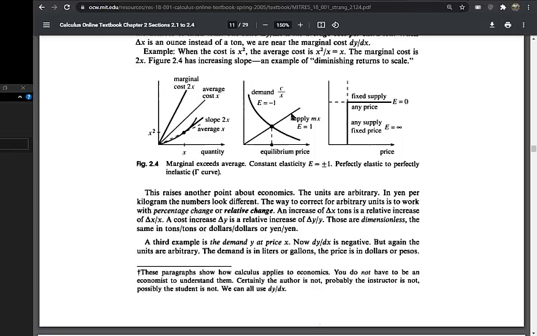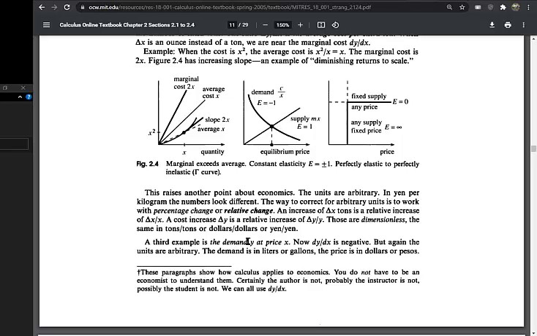Now, as COVID lasted, the mask producers started producing more. Production costs went down, so the supply curve went down. Okay, as the supply curve went down, the demand might have been constant, but the point of equilibrium moved as well.